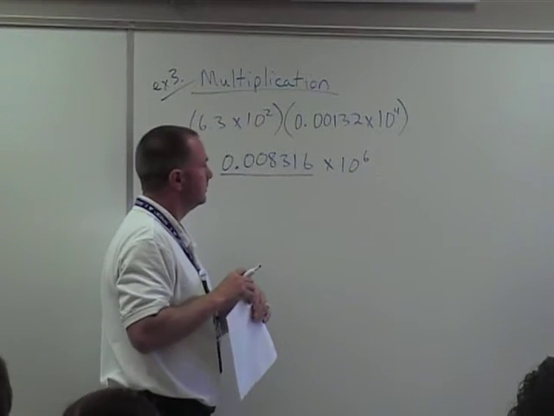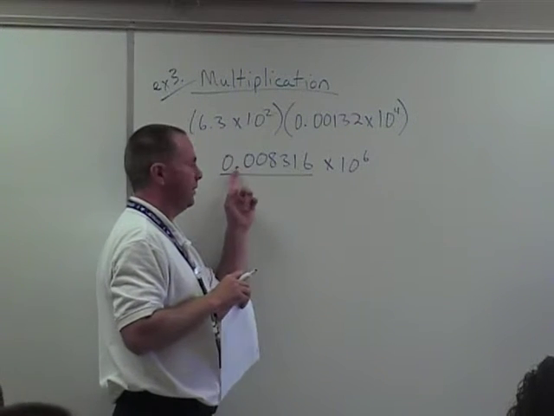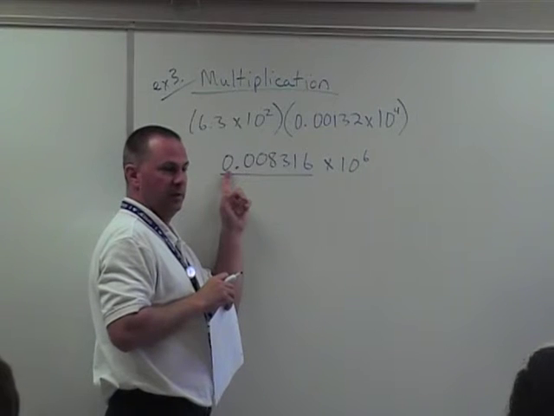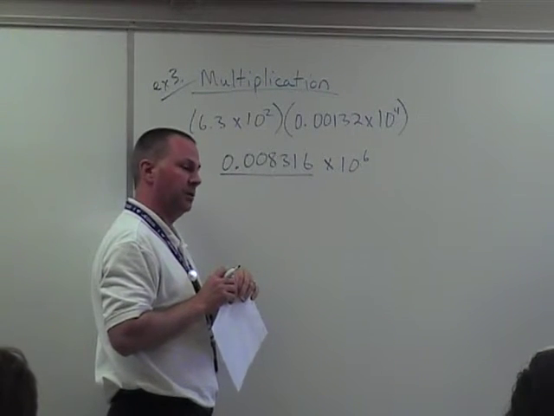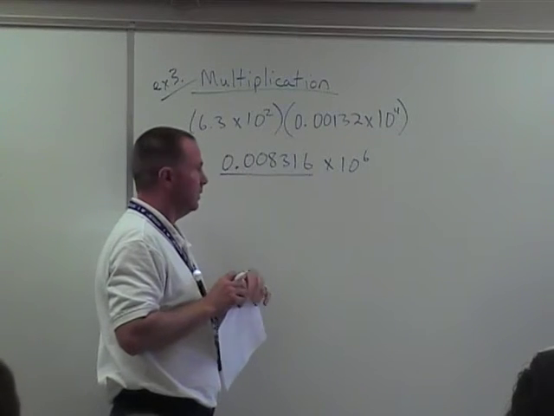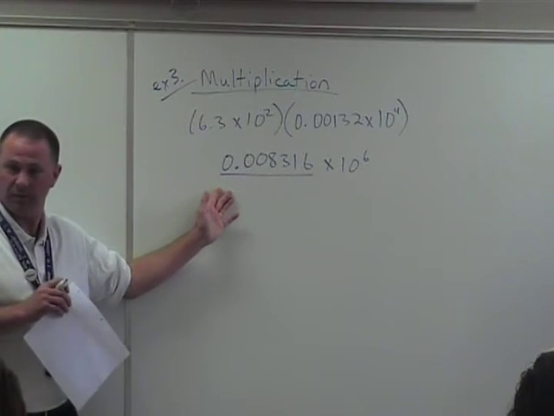Must only have one number left of the decimal, can't be 0. Right. Well, the number left of the decimal is a 0 here. So this is not in scientific notation. What's rule number 2? Must be multiplied by a power of 10. Which we do have. But rule number 1 is not met yet.